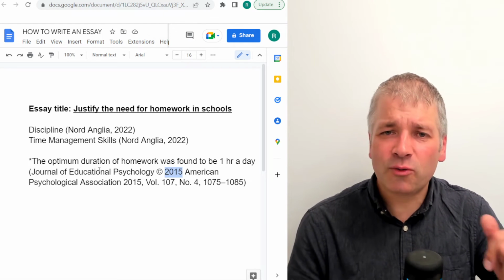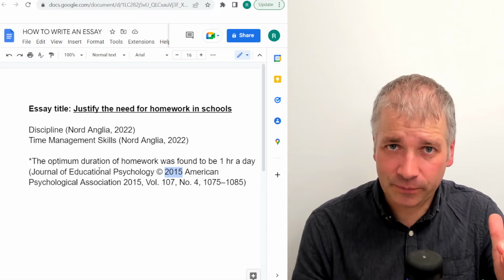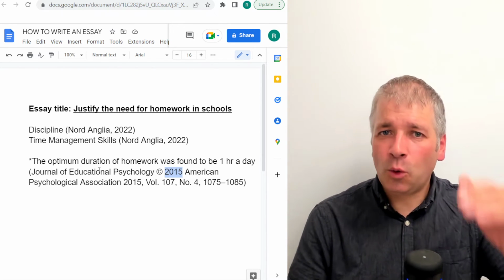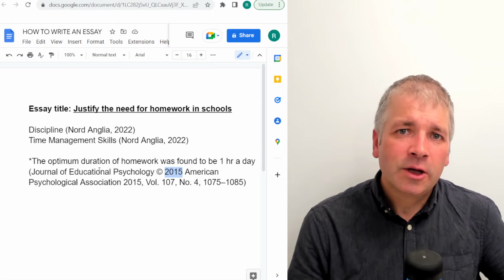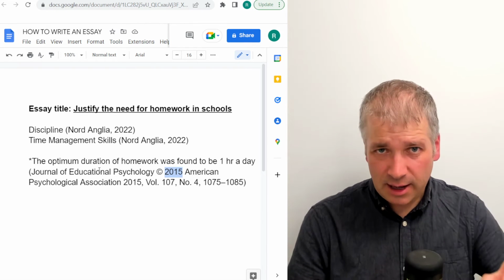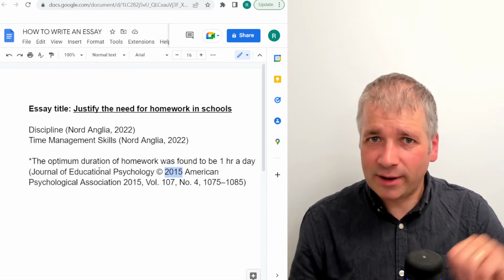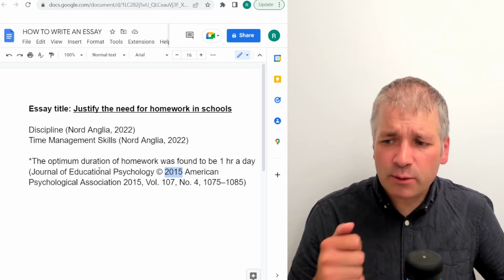But what your tutor is looking for is, do you have the ability to organise logically? Does it make sense the order you put things in? Does it make sense the points that you say are the strongest? Does it make sense the reason why you've rejected points that are opposing your idea? So that is organise your evidence.